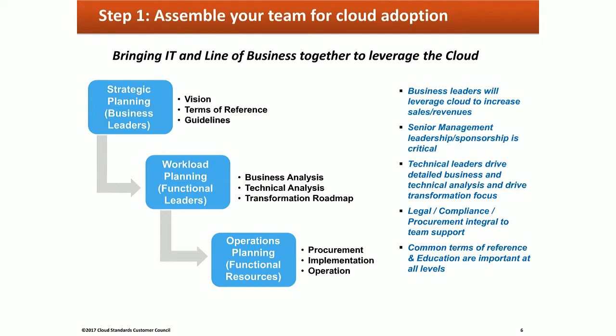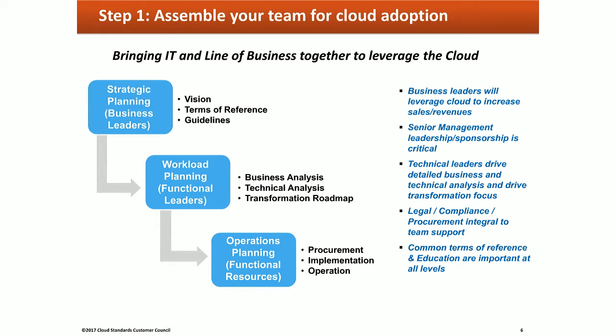We've broken down in the paper the 3 phases of cloud adoption. Phase 1 is the strategic planning process, where business leaders come together to define the vision for your cloud computing journey, whether it's cost competitiveness or agility. It defines the value proposition that you're going after in your business.